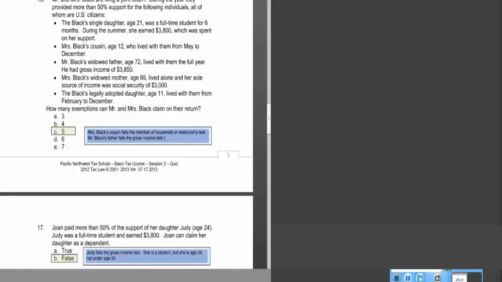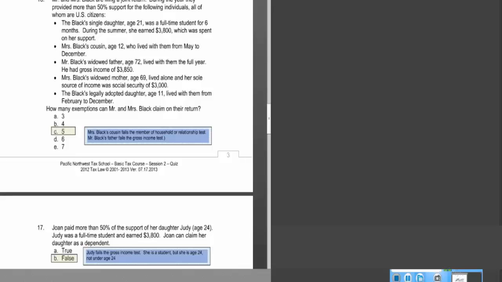Mr. Black's widowed father, age 72, lived with them the full year, and he had gross income of $3,850. Mrs. Black's widowed mother, age 69, lived alone, and her sole source of income was Social Security of $3,000. The Black's legally adopted daughter, age 11, lived with them from February to December. How many exemptions can Mr. and Mrs. Black claim on their return?